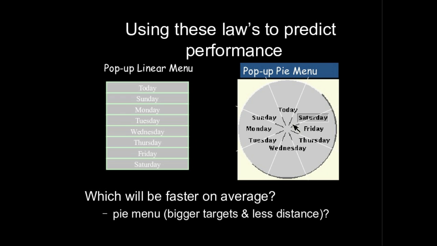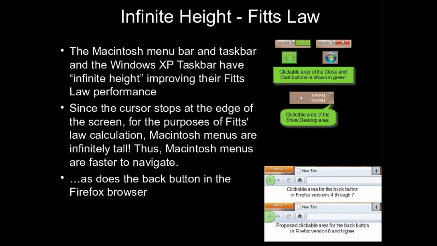We will look at one concept called infinite height, using Fitts law in Macintosh, Windows or Firefox, and how it is used to improve the index of performance. One thing to notice is that the cursor stops at the edge of the screen. Can we use this fact to improve the index of performance?